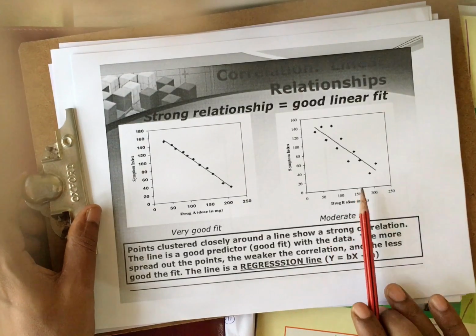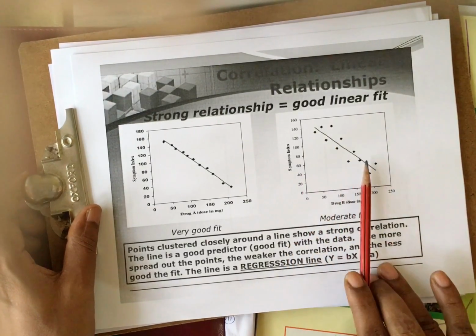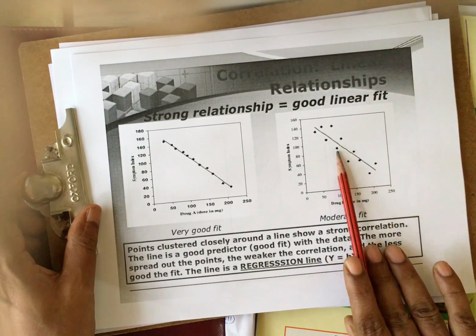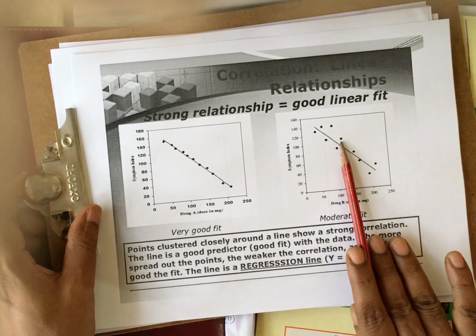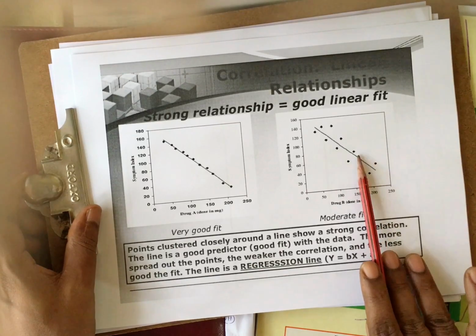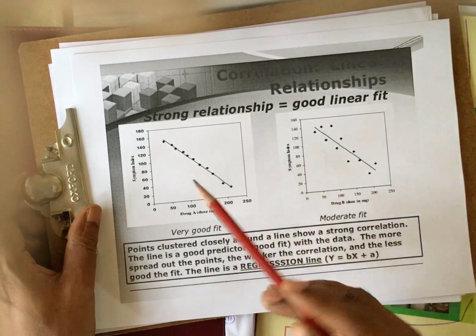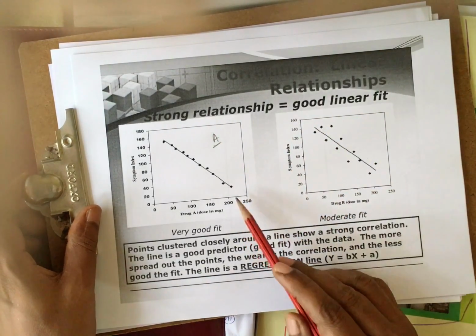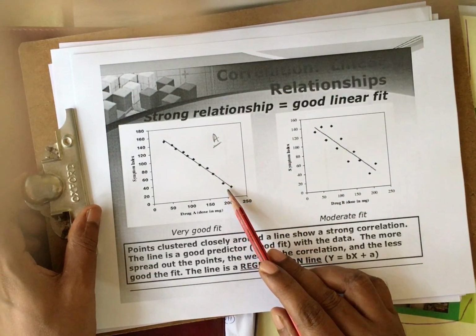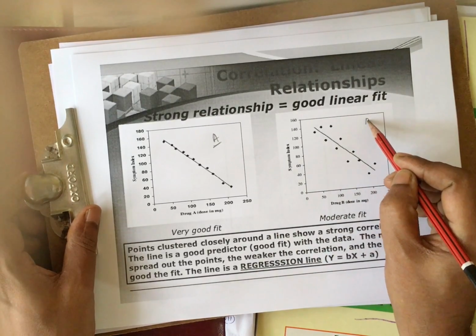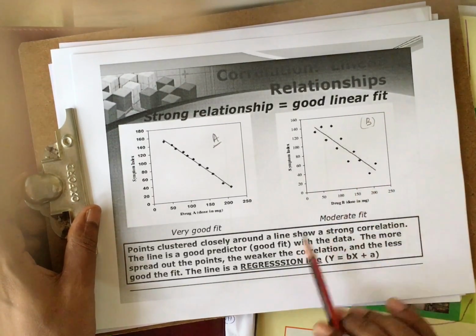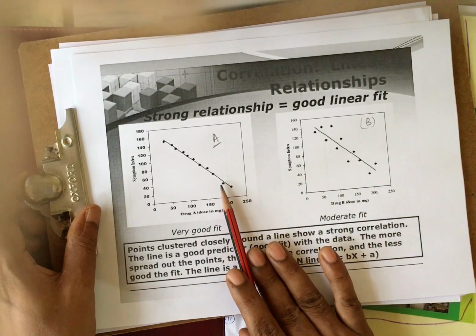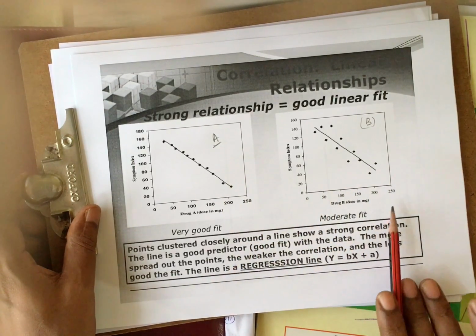Next, here you can see a line is drawn and there are points, but the points are somewhat far from the line. So it is not as close as in diagram A. In diagram A, the points are almost touching and very close, whereas in diagram B it is close, but not as close as A. So that's why it can be called a moderate correlation.